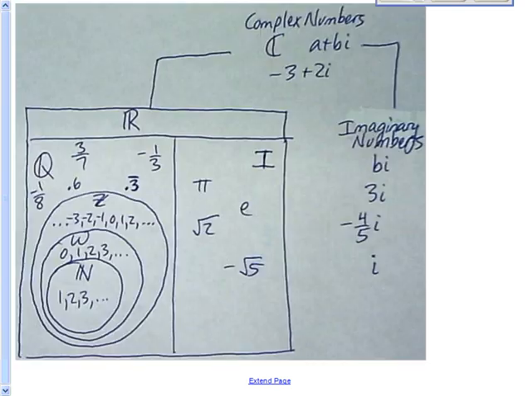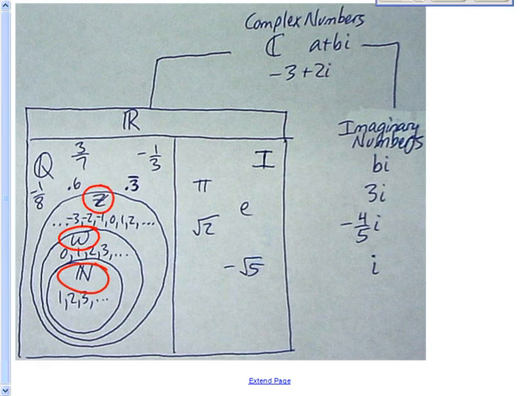So let's look at the big picture here. We have our natural numbers, 1, 2, 3, and so on. We have our whole numbers, 0, 1, 2, 3. We have our integers, that funky looking Z, all our integers. We have our rational numbers, anything of the form p over q, where p and q are integers, so it has to be able to be written as a fraction, like 3/7 or -1/3.